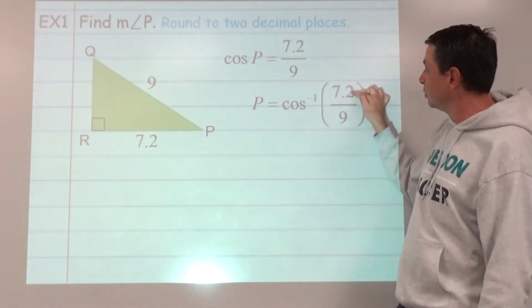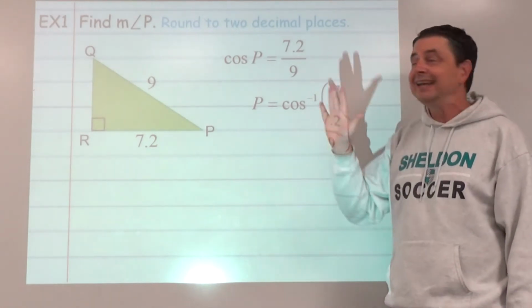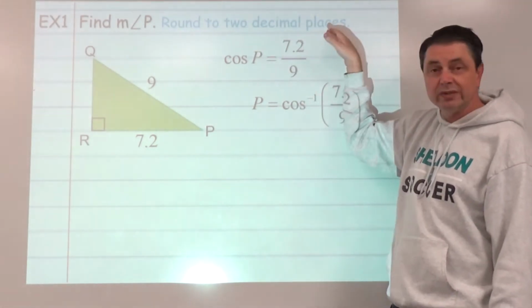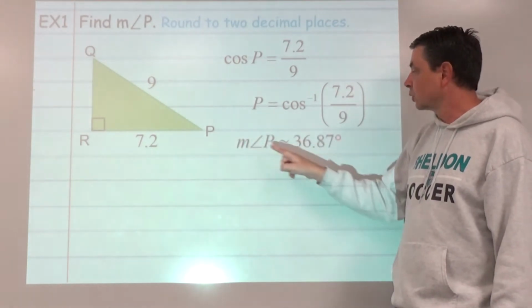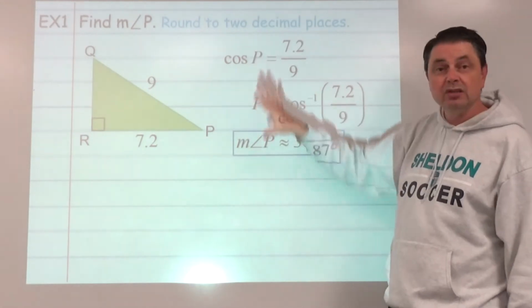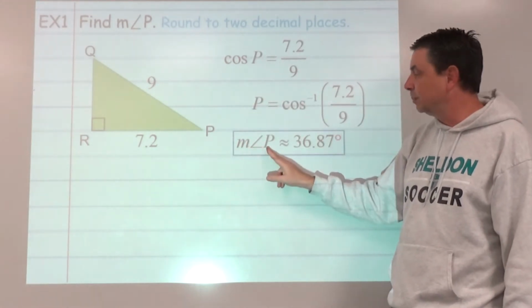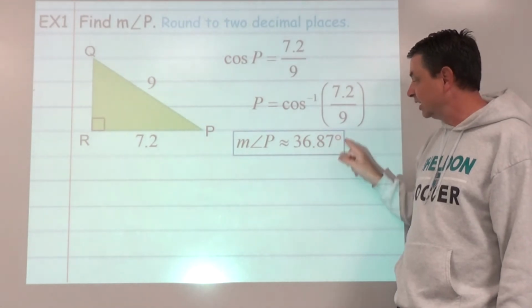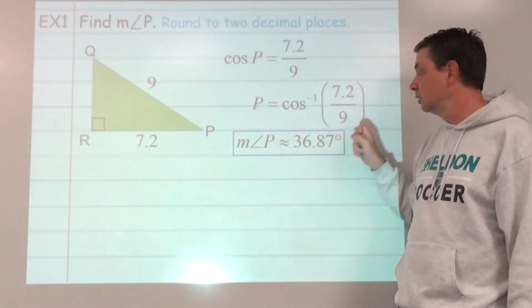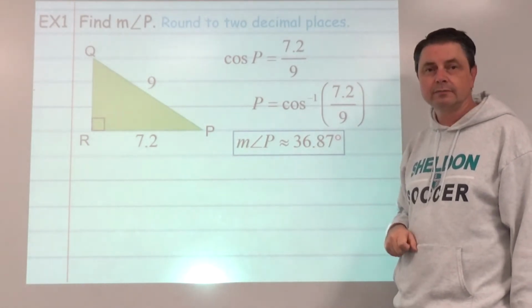Now we can just do 7.2 divided by 9. Hit equals, we're going to round to 2 decimal places, and it is an angle. So we're going to say that the measure of angle P is approximately 36.87. Don't forget your degree symbol, degrees.